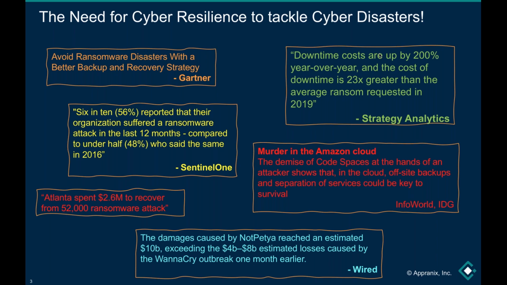It's about the recovery time and the cost associated with it, just like what Atlanta went through almost 2 years ago. And a number of cases keep popping up all over the net because ransomware attacks are happening more and more, and cyber resilience is such an important thing.